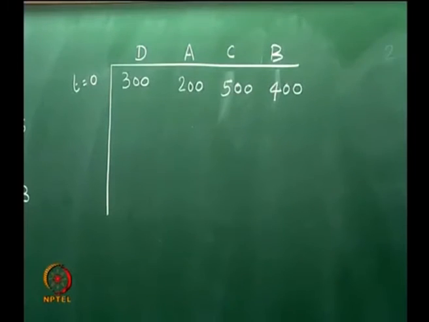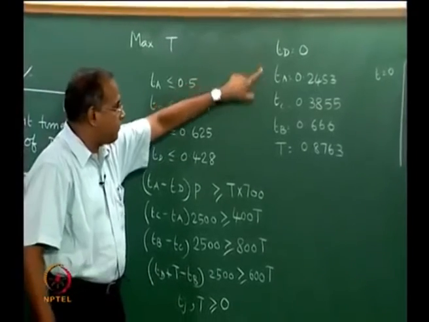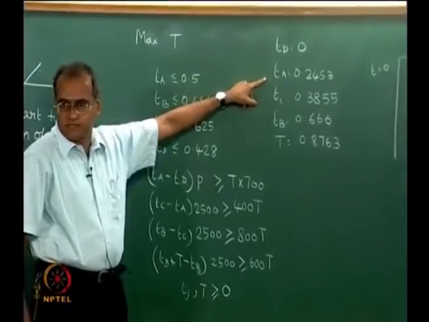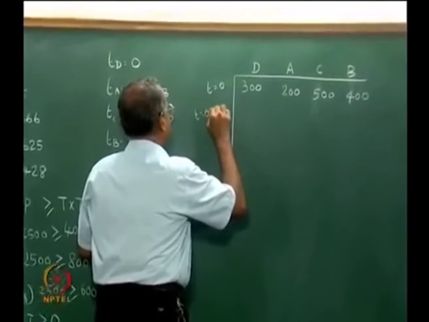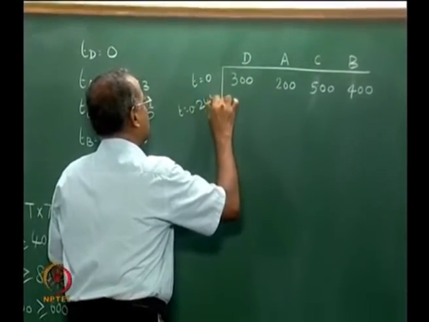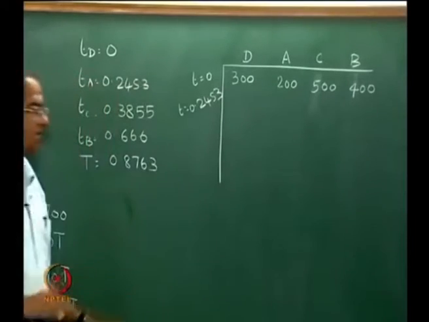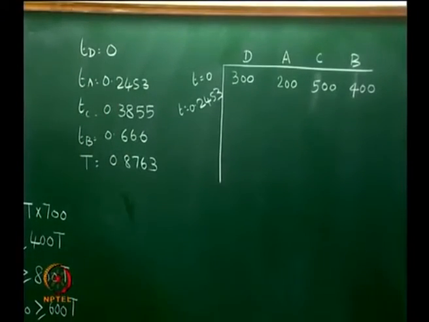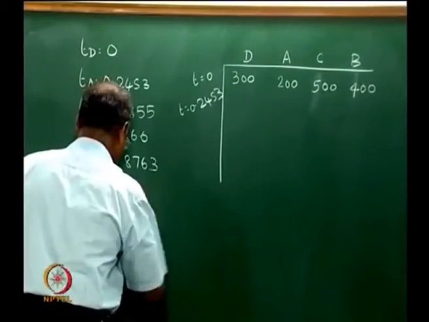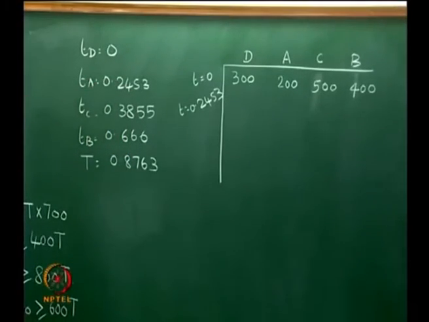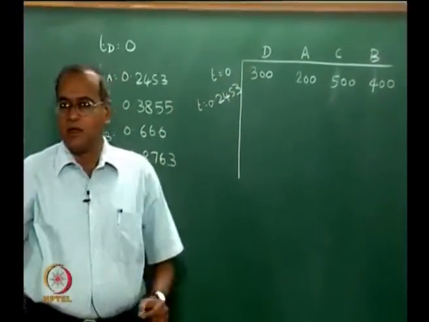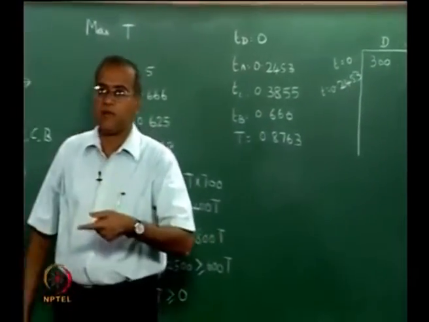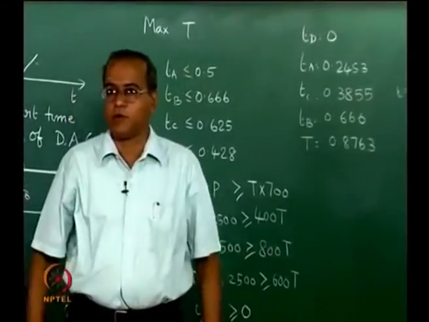Now, what we are doing is we start production of D at time equal to 0 and we produce D for 0.2453 months. So, let us look at what are the inventory positions at t equal to 0.2453 months. Now, this period we are producing D, at the same time we are consuming D while we produce.